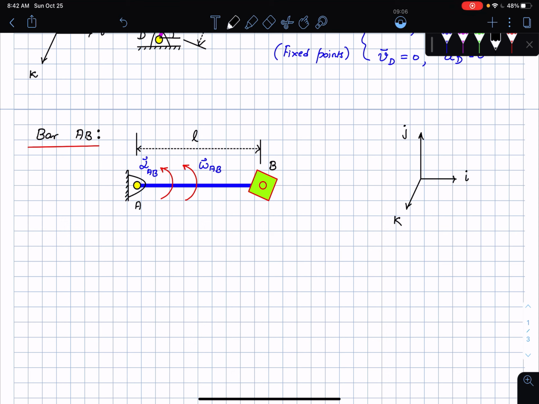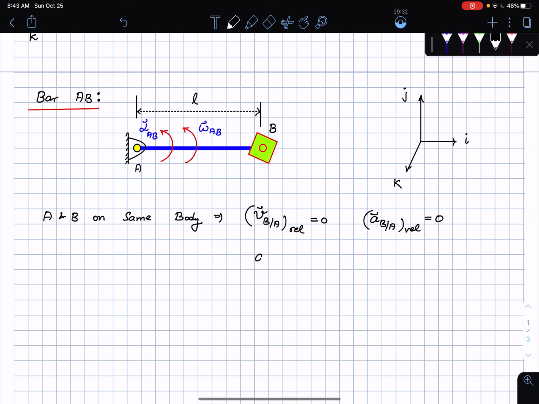Here is what I do. Points A and B are on the same body, which implies that the velocity of B relative to A is 0, and the acceleration of B relative to A is also 0.